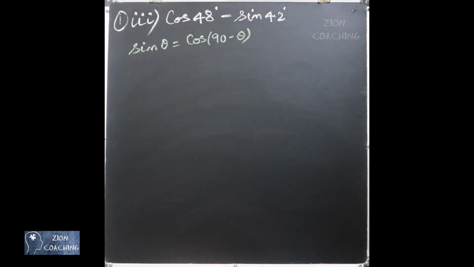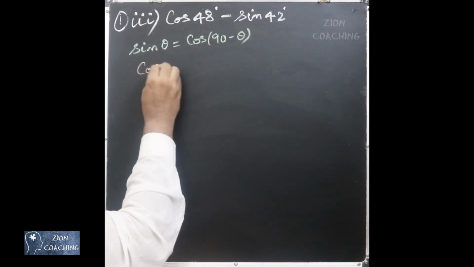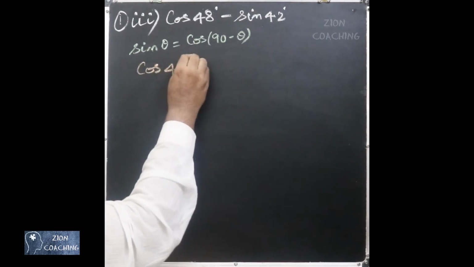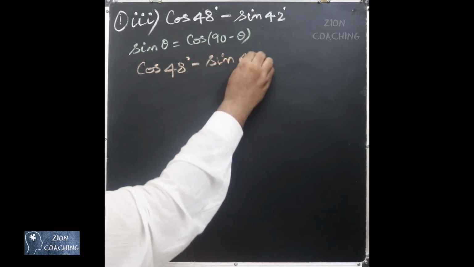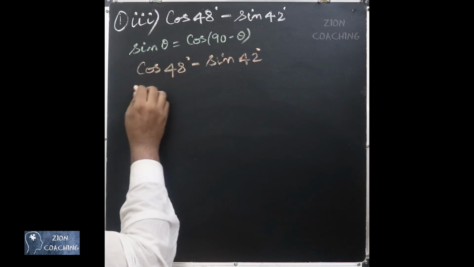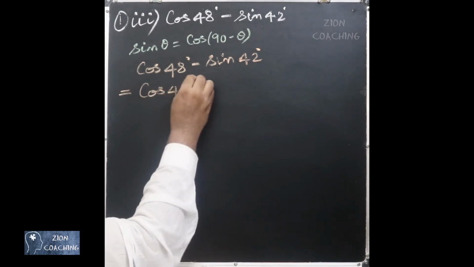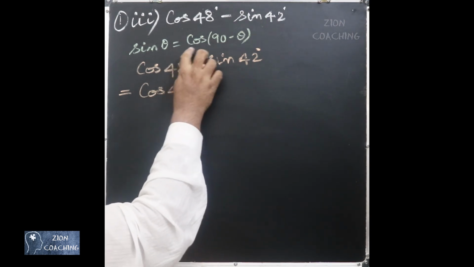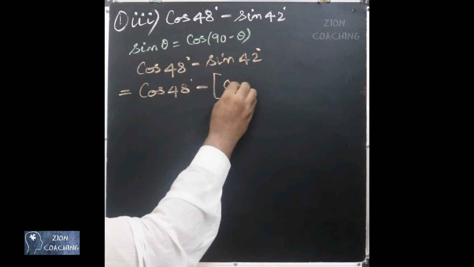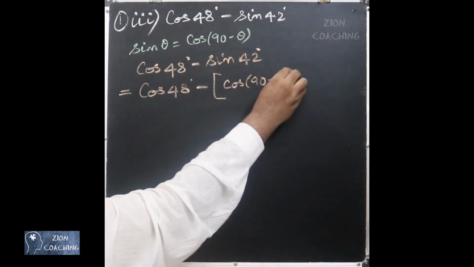Then the given question can be written as, we have cos 48 degree minus sin 42 degree. Using this formula we can write this as cos 48 degree minus cos 90 minus 42 degree.